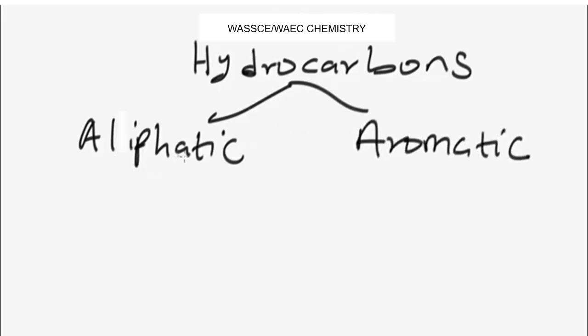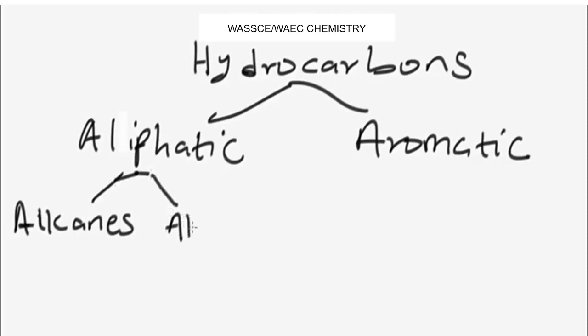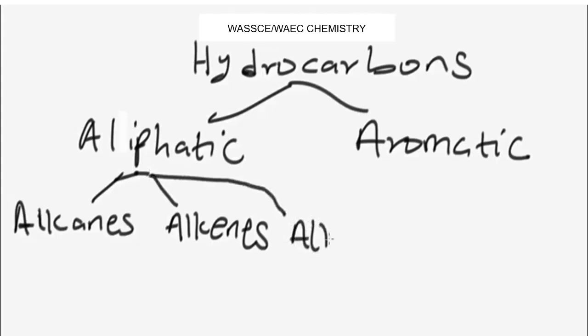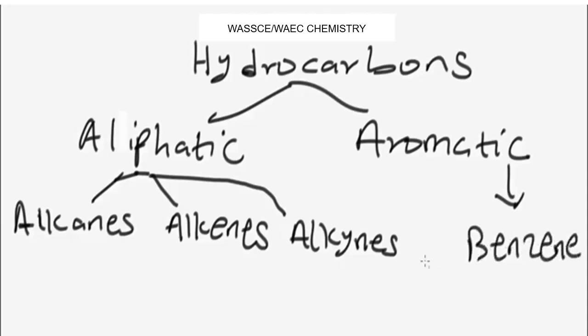The aliphatic hydrocarbons include the alkanes, and the alkynes, whereas the aromatic hydrocarbons include benzene. But in this video we are going to focus on alkanes as aliphatic hydrocarbons. Alright, so let's wipe this and look at the concept of alkanes.